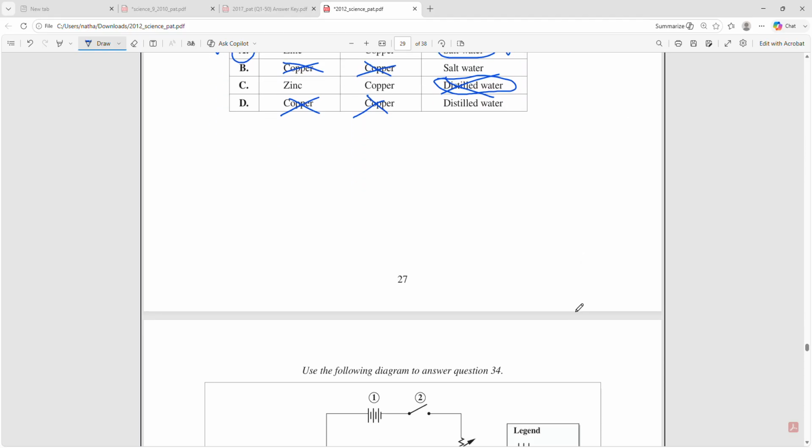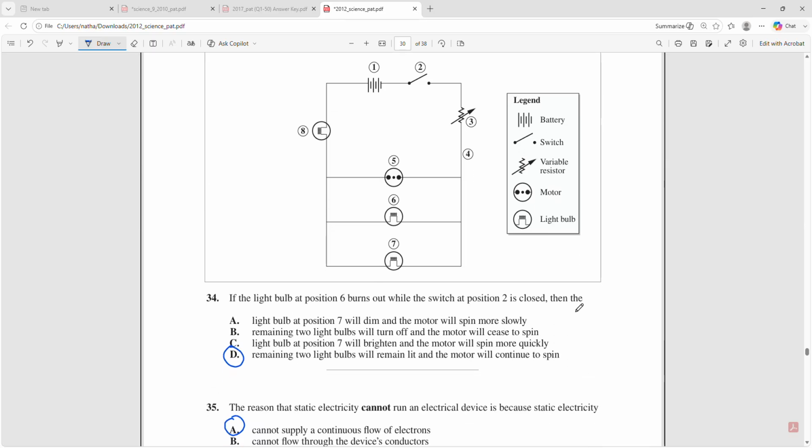Next question, 34. We have a diagram above here, an electrical circuit. It says if the light bulb at position 6 burns out while the switch at position 2 is closed, then... So let's just look at it. The switch is closed, and if the light bulb at 6 burns out, that's open.